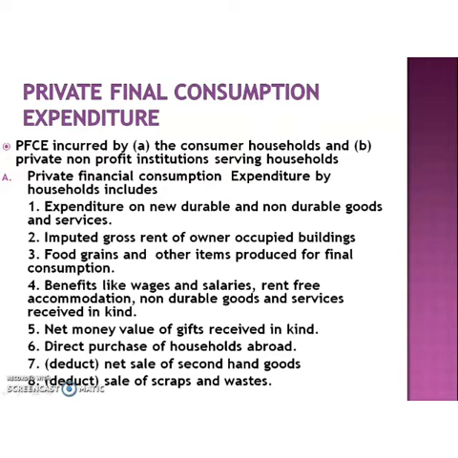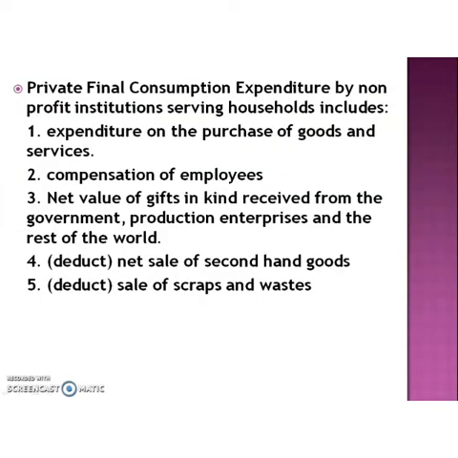Then the private final consumption expenditure by non-profit institutions serving households includes expenditure on the purchase of goods and services, compensation of employees, net value of gifts in kind received from the government, production enterprises and the rest of the world, and deduct net sale of second-hand goods and also sale of scraps and waste.